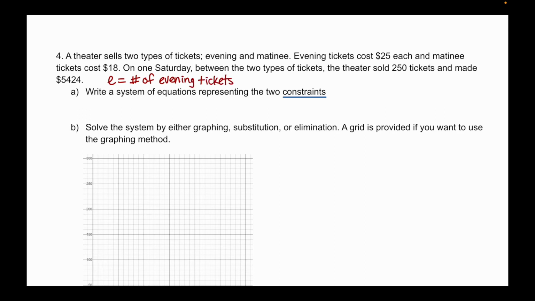Now, I can't just say that E equals evening tickets. I want to be specific, whether it's the amount of them or the cost. So that's why I'm saying it's the number of evening tickets. And then I'm going to say that M is equal to the number of matinee tickets.